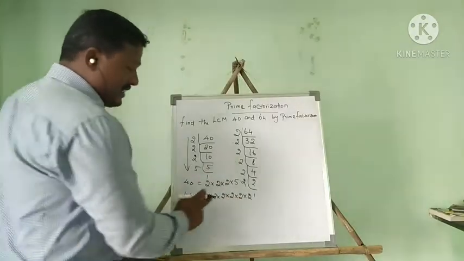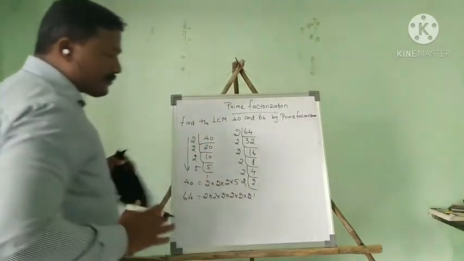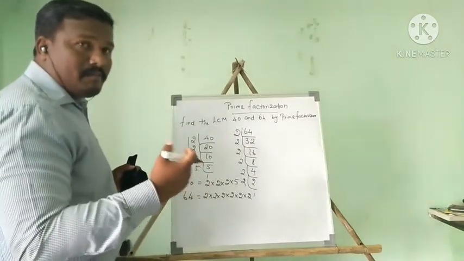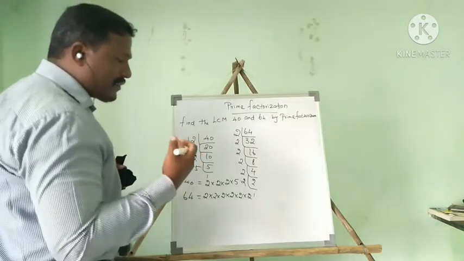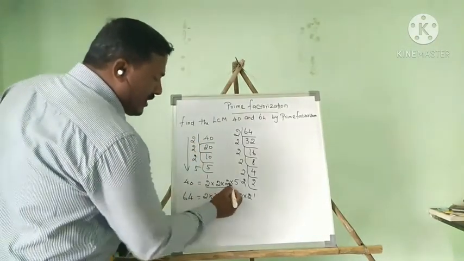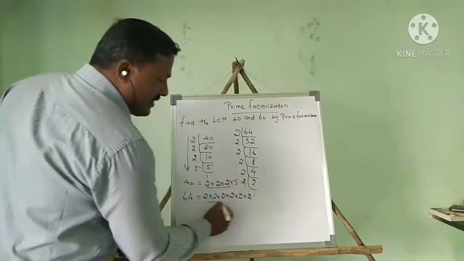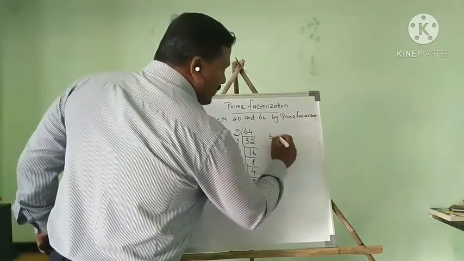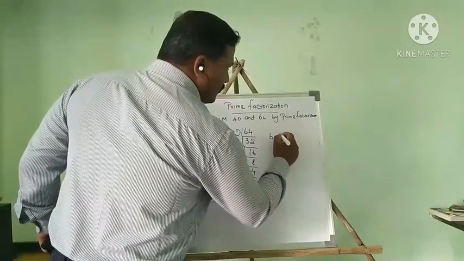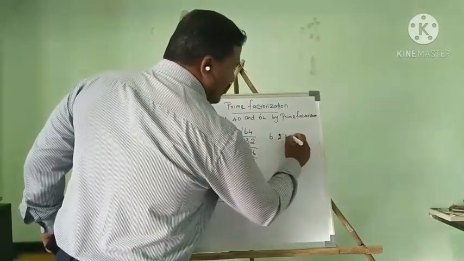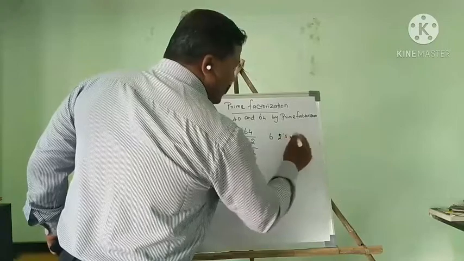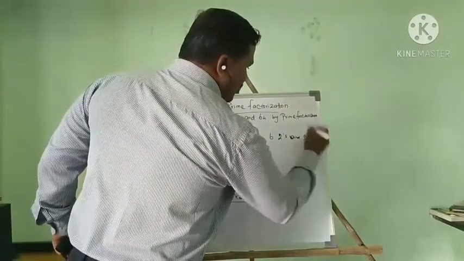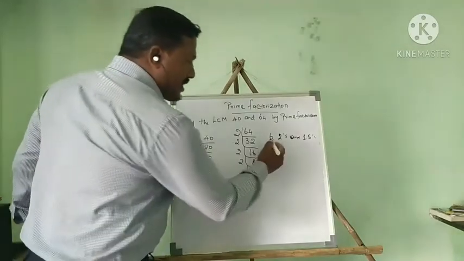Now we have to find the highest factor count. Here, how many 2s are there in 40? 3 times. In 64, 6 times. So we take 6 2s and 1 5.